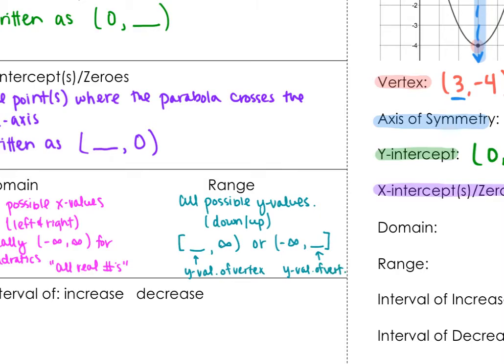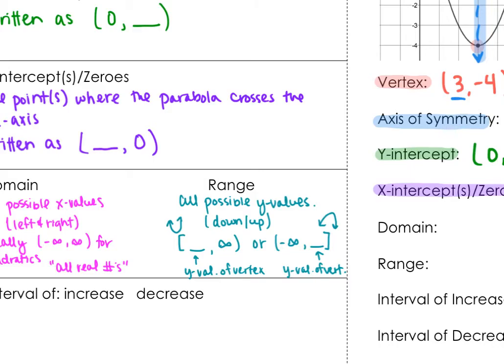Okay, it's written like this one if your parabola faces up, meaning it looks like this, and it's going to be written like this if your parabola faces down. Okay, so meaning we start at the very bottom part and it continues on forever up, meaning going on to infinity. For this one, it goes forever down, but the highest point it reaches is the y value of the vertex, which would be right here.